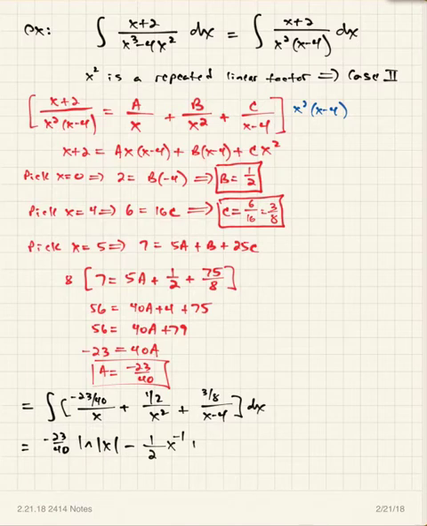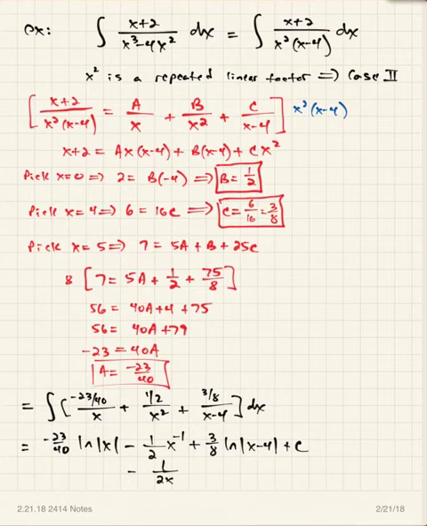So this would be 3/8 times the natural log of x minus 4, because that would be du over u also. And that middle term you could write as minus 1 over 2x. That would be fine. All right, but other terms are okay like they are. So the integral falls out pretty quickly here. You can see clearly that this is a tedious process, and so these problems can be lengthy. That's the main drawback to partial fraction decompositions.